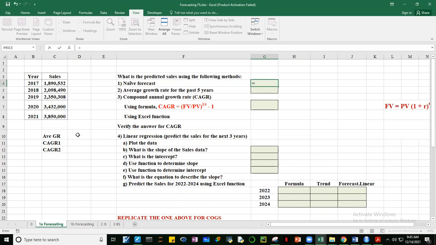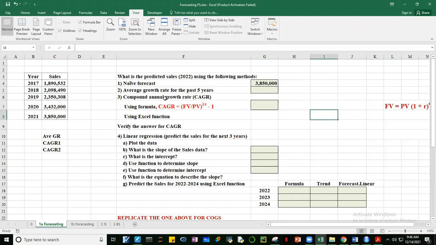Since the latest value was 2021, the predicted sales for 2022 will be equal to the previous one. So for naive forecast, whatever the previous value is will be your predicted value.